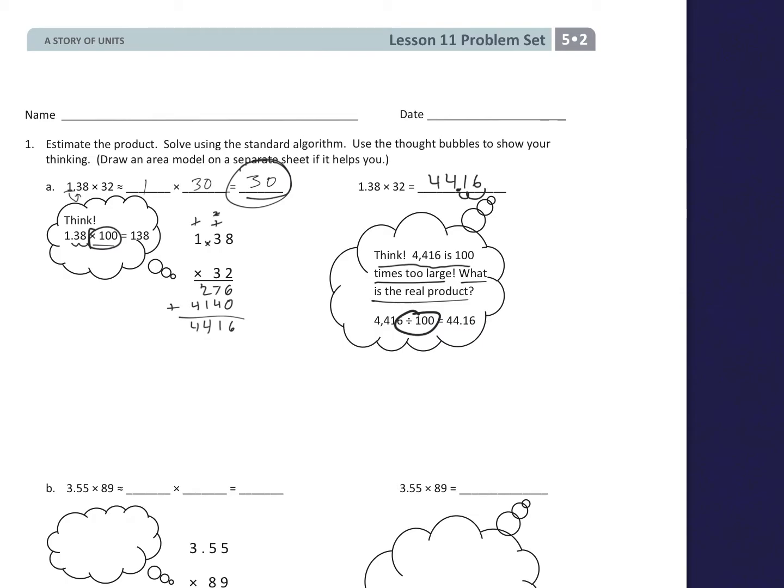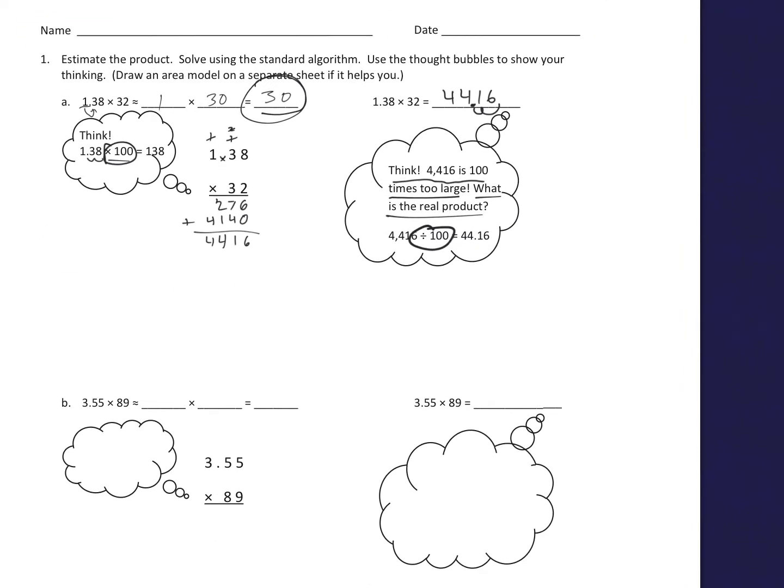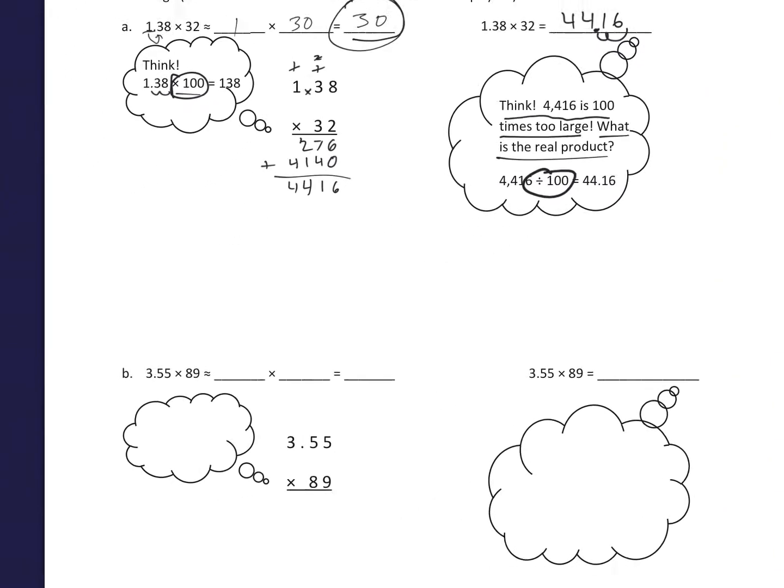That's like 4,400 farther away versus 14. All right. So basically what we're going to be doing for this problem set is timesing by a number, whether that be 100 at the beginning, and then dividing by 100 when we have the product. We're timesing it by 100 to make it easier to work with, and then dividing by 100. Or I might have to times by something more. I just got to move the decimal over.